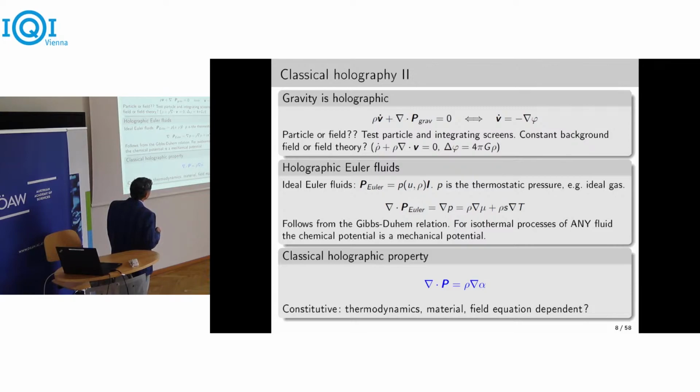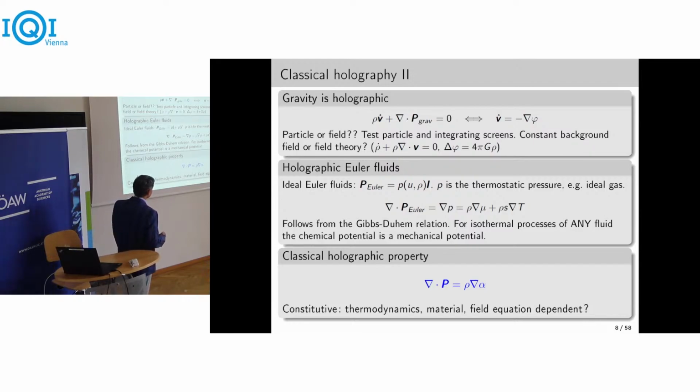For a homothermal system, I mean with constant, homogeneous temperature, the chemical potential actually is a mechanical potential as well. This is valid for any fluids. This follows from thermodynamic principles. And therefore, I defined this classical holographic property in this way.